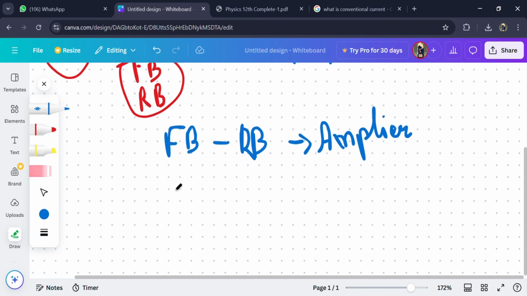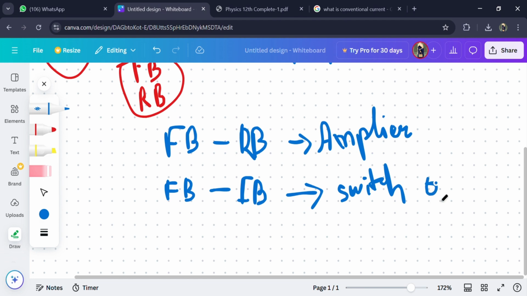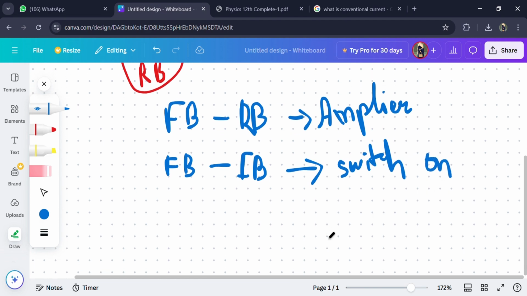In the second case, forward biasing is going on in the emitter-base junction, and the base-collector junction again has forward biasing. Both have forward biasing. In that case, the transistor becomes a switch, and this is a switch that is on.